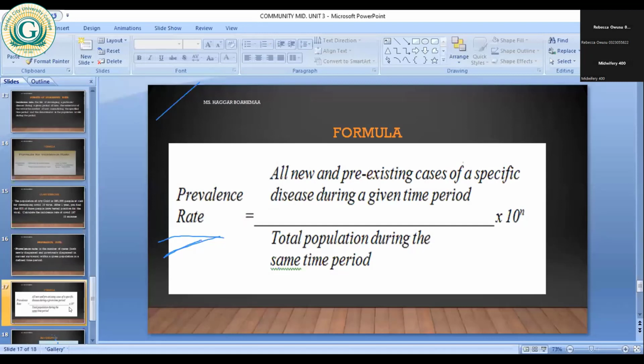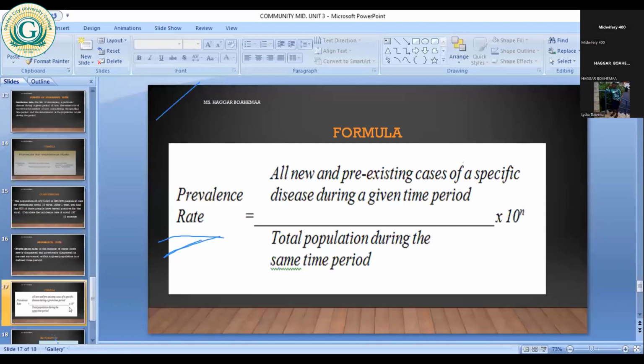Yes, normally we do it at the end of the month. That is why, when I started, I said we normally do it at the end of monthly reports. Some can do it in a year. So for example, I can even ask you to go and calculate the prevalence rate of malaria in pregnancy for me last year.